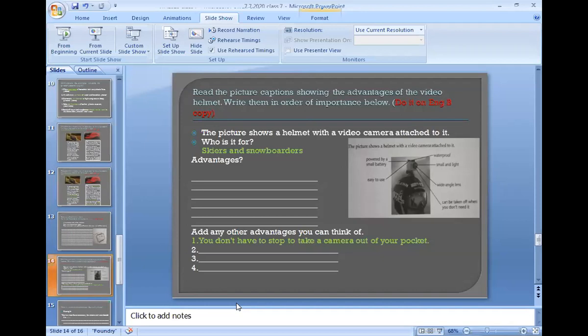Advantages. First, you will write the advantages. What are the advantages of this helmet with the video camera? Then add any other advantages you can think of. Number one, you don't have to stop to take a camera out of your pocket. Okay.